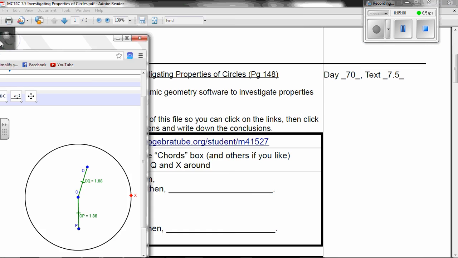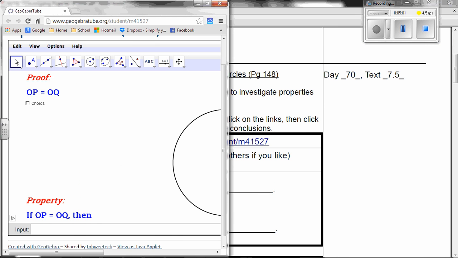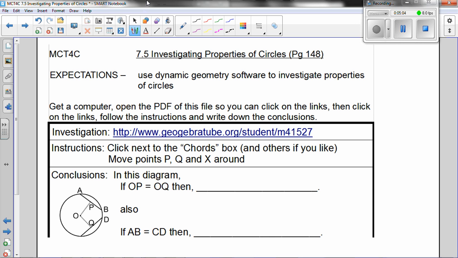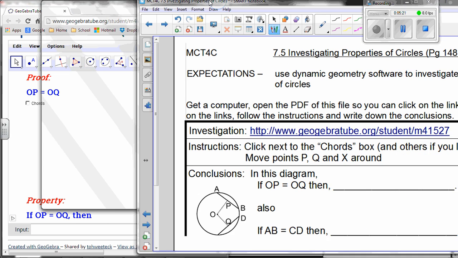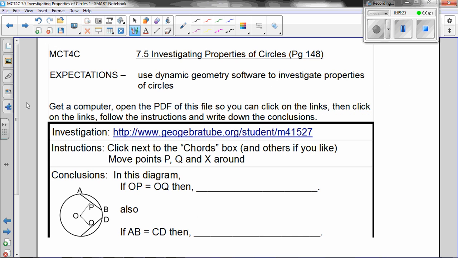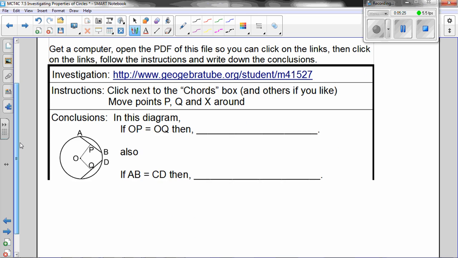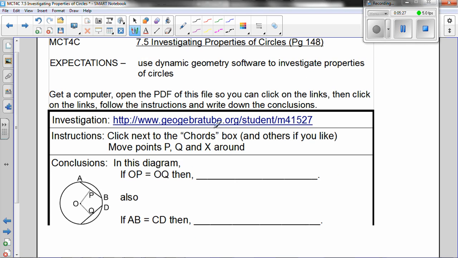Let me see if I can split screen this here. You do that, and then you find some stuff out about circles. It sounds like fun, doesn't it? And it is. It's going to be great. Lots and lots of rules. I think there's about 8 investigations, all on the internet, all interactive stuff.